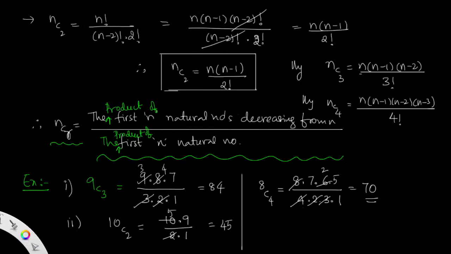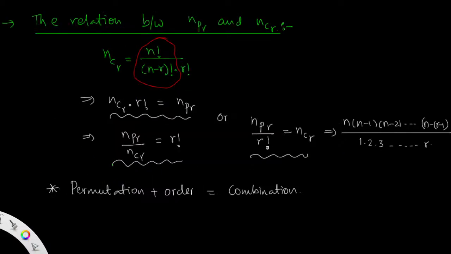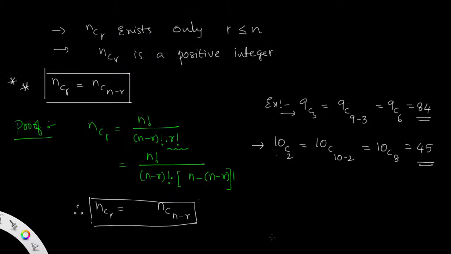Just now we have completed this value. nCr is the product of first r natural numbers decreasing from n, divided by the product of first r natural numbers. Similarly, the relation between the two terms is nPr by nCr equal to r factorial, or nPr by r factorial equal to nCr. The value always exists only if r is lesser than or equal to n.